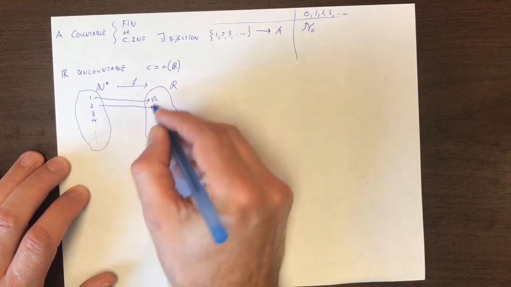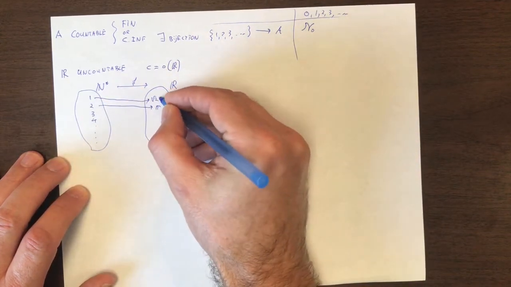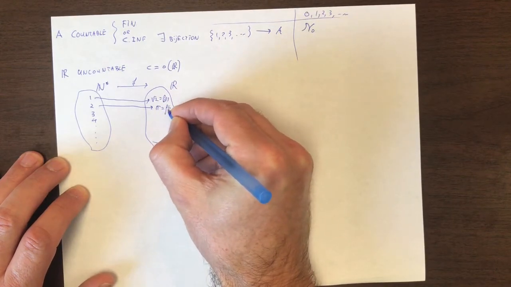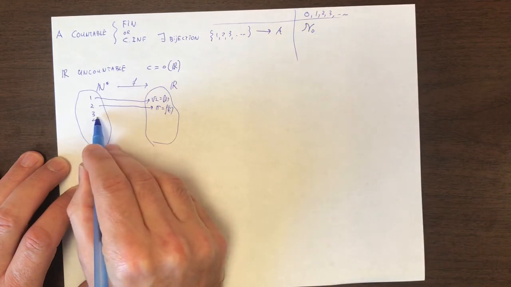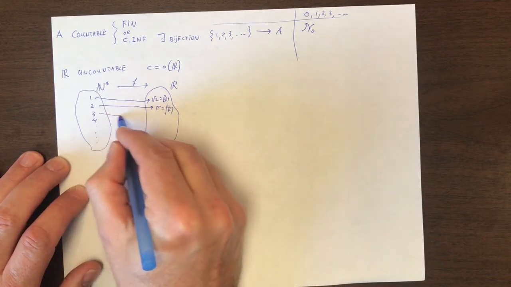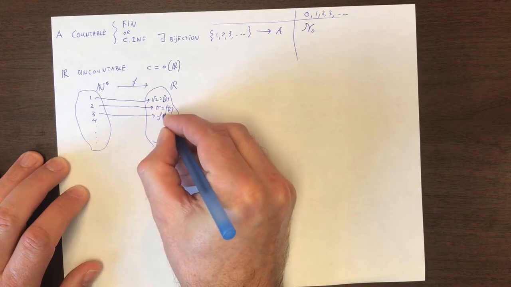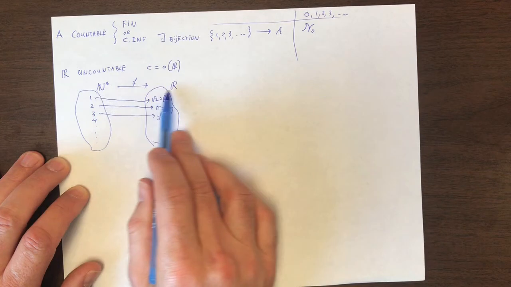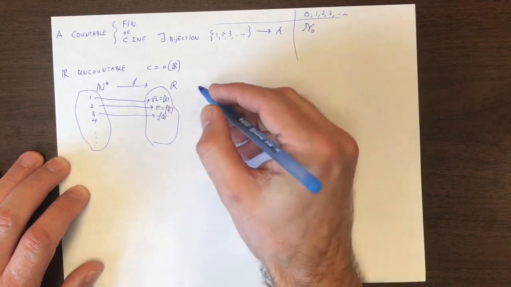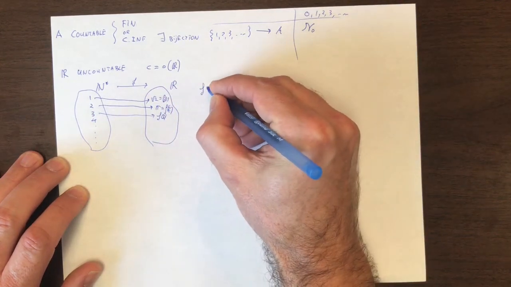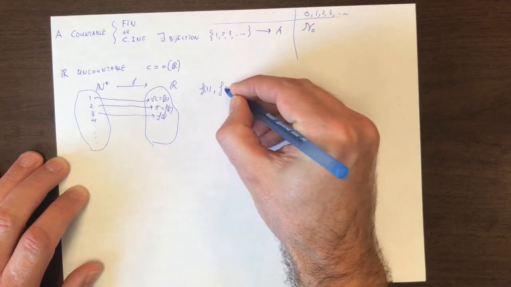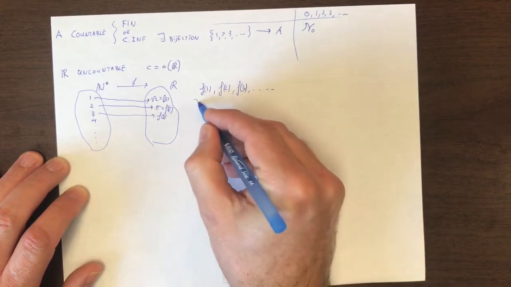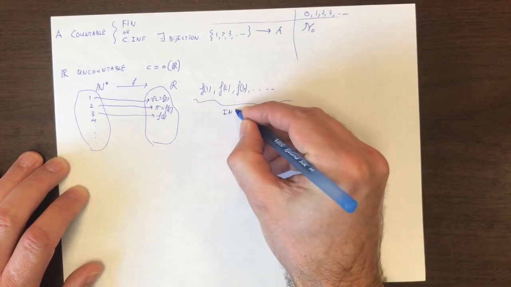Let's call these numbers f1, f2, and this here goes to some number, that would be f3, etc. So anytime I take a function from here to here, I'm getting an infinite sequence of real numbers. f1 is a real number, f2 is a real number, f3 is a real number, and I get an infinite sequence of real numbers.